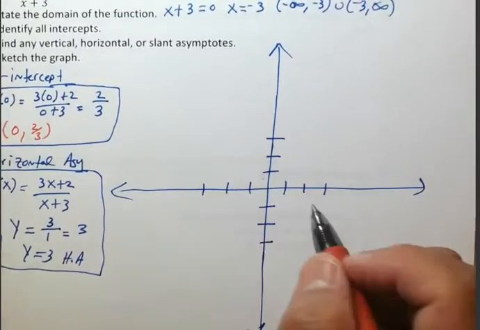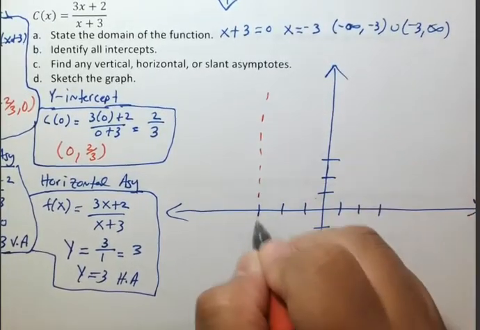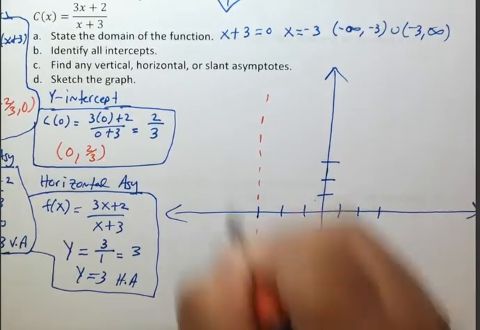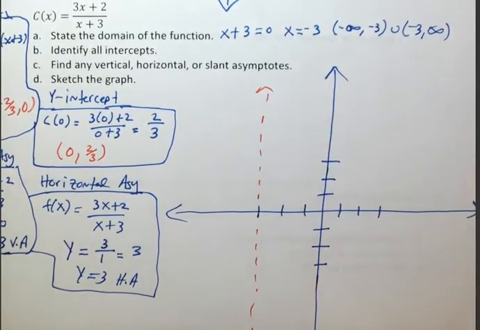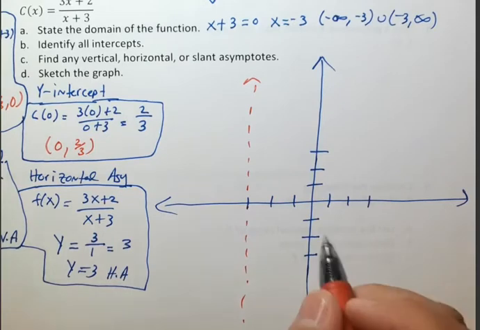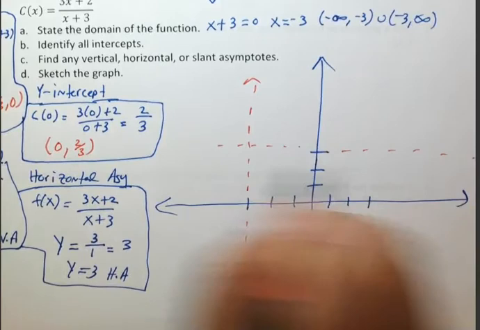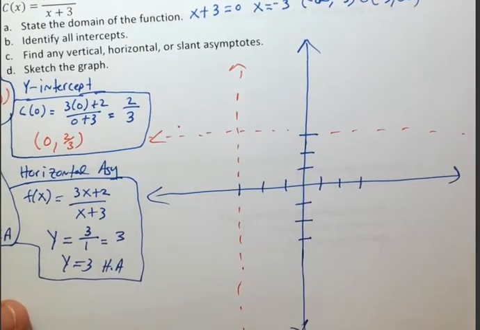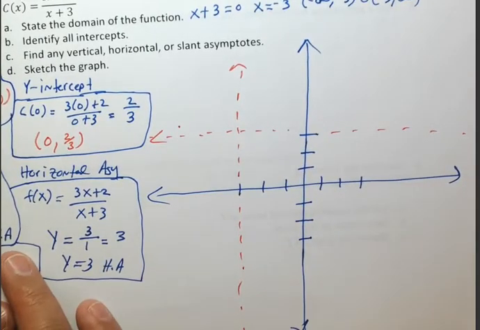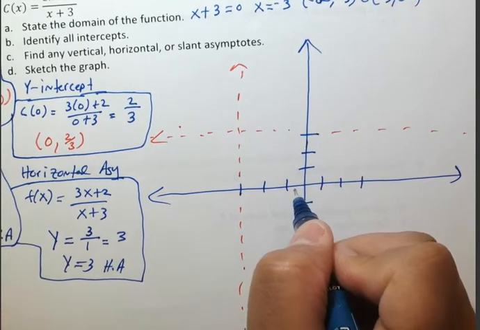So I'm going to graph the asymptotes first. And alright, so x is -3, that's fine. And y is equal to 3, so that's up here. Now let's plot our x-intercept, which is negative 2/3. So that's going to be less than 1, right?